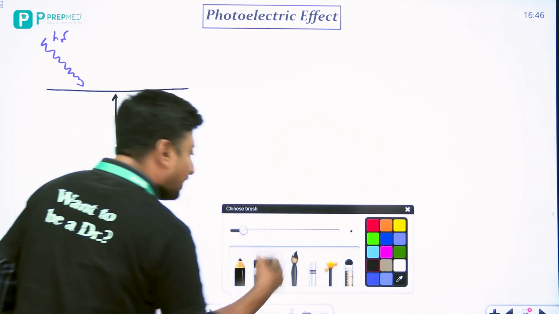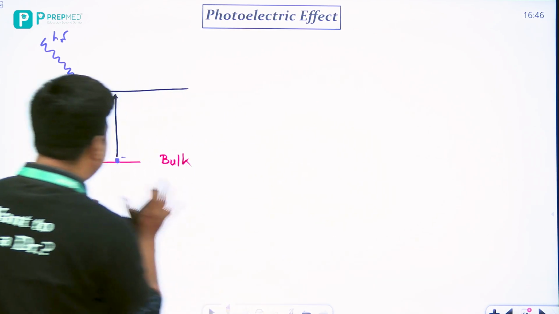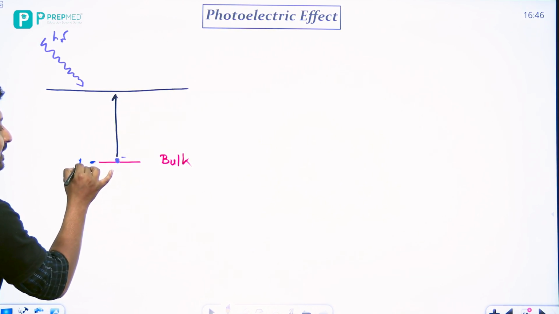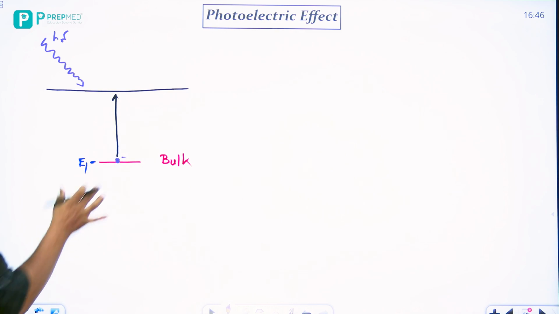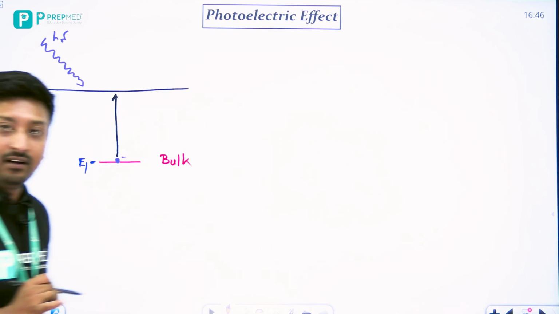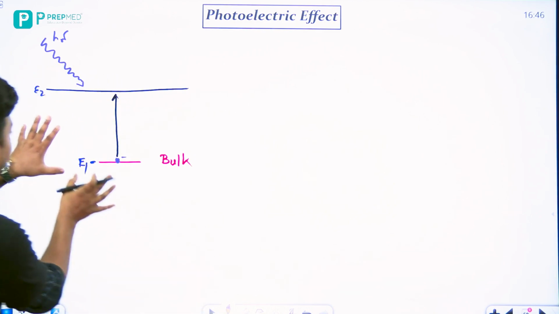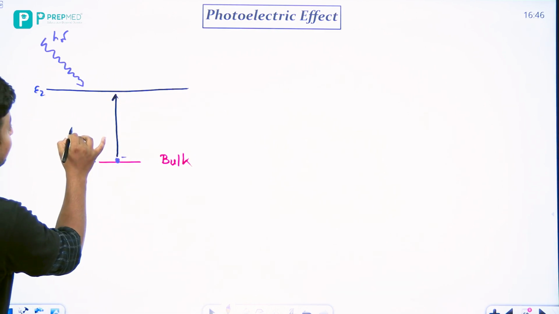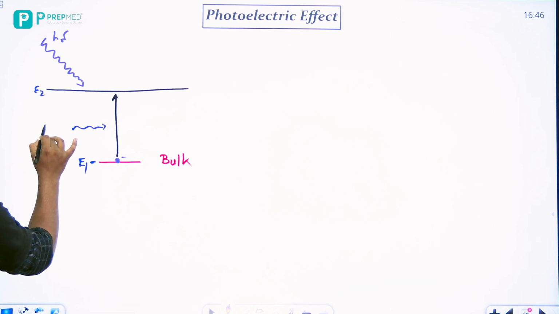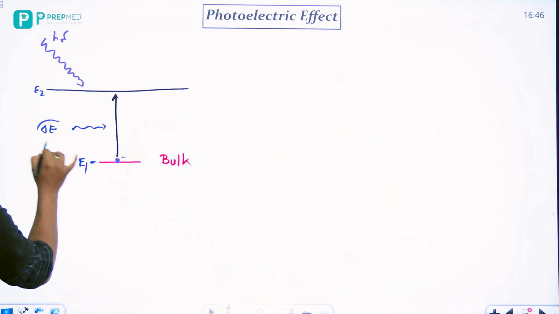Now see, if I use Planck's theory here, let's say this is one energy state, E1, of the electron, and the surface is the E2 energy state. In order to excite this electron from the ground state to the surface, you have to provide delta E amount of energy.